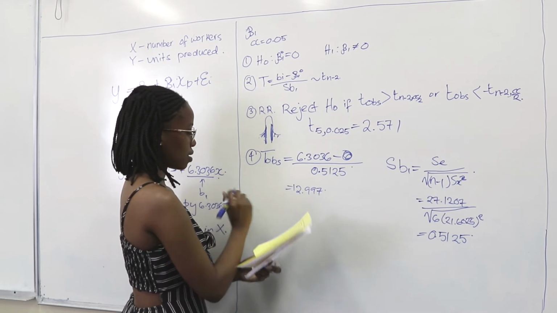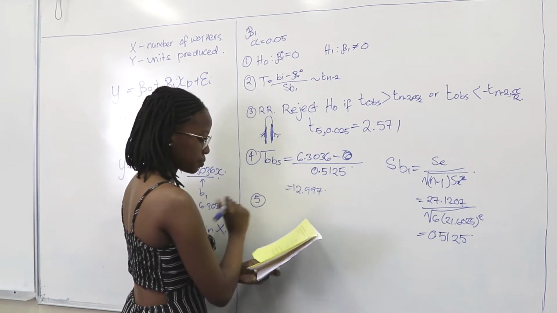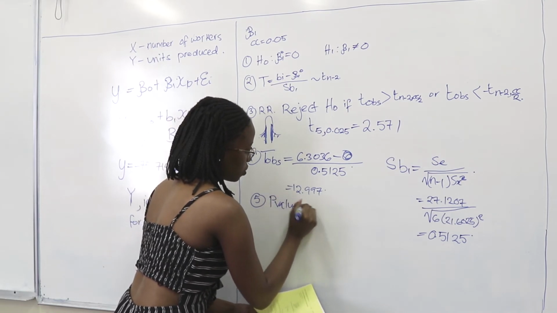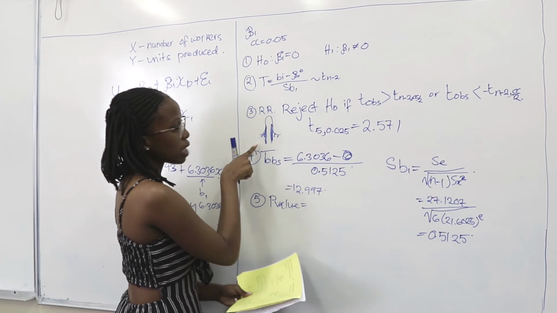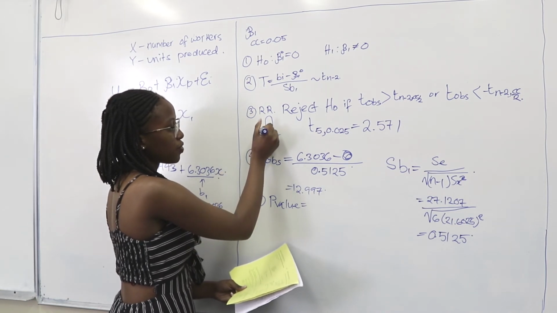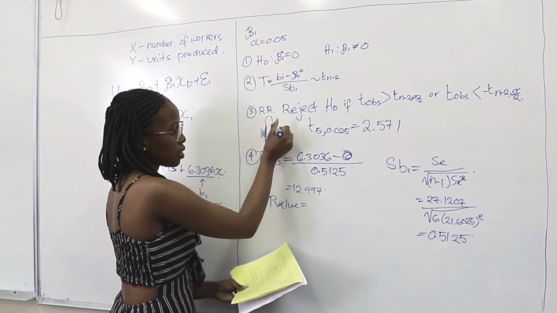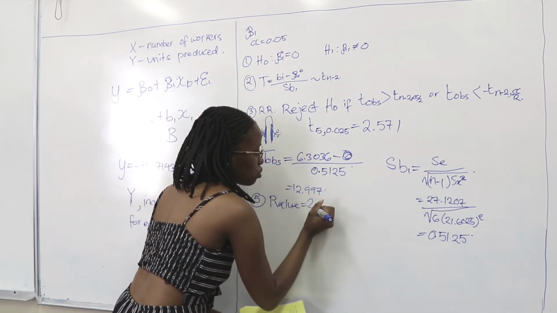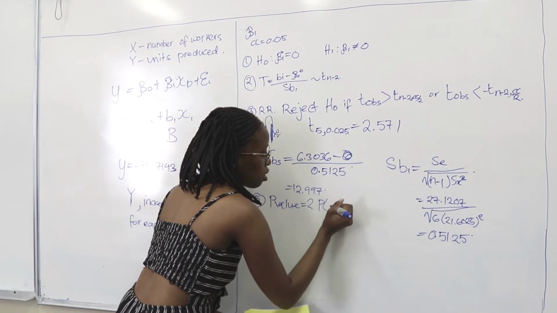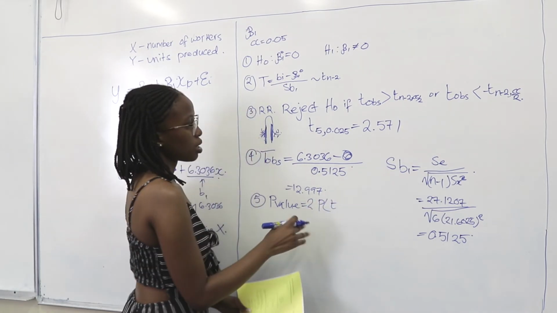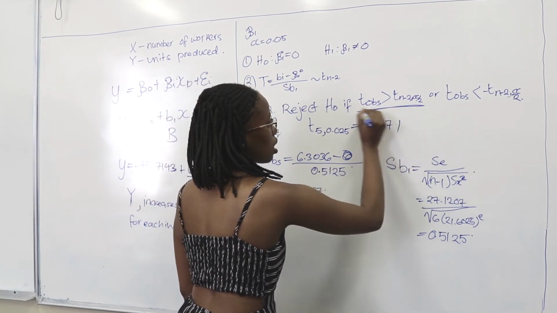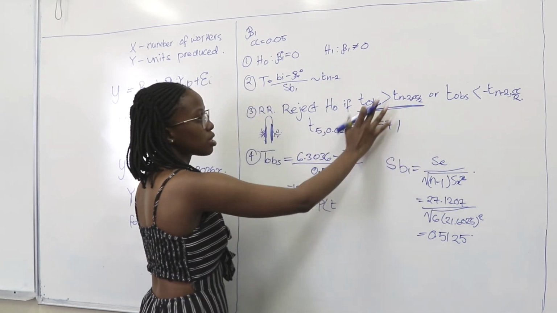And then now we're moving on to our p-value. Our p-value is equal to, since it's a two-sided test, it means we have this over here and we have that over here. So our p-value will be 2 times the probability of t. Since we have a positive, we're going to focus on this one, because we said we're going to reject if it's this or that.